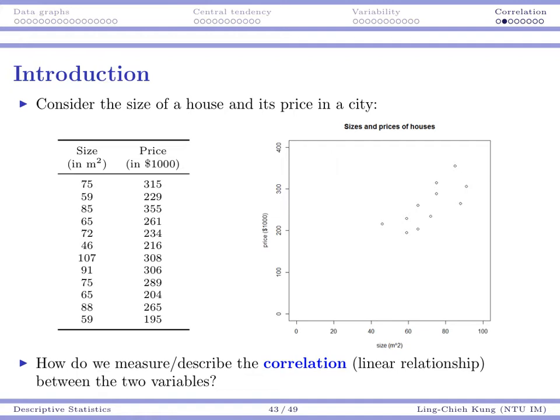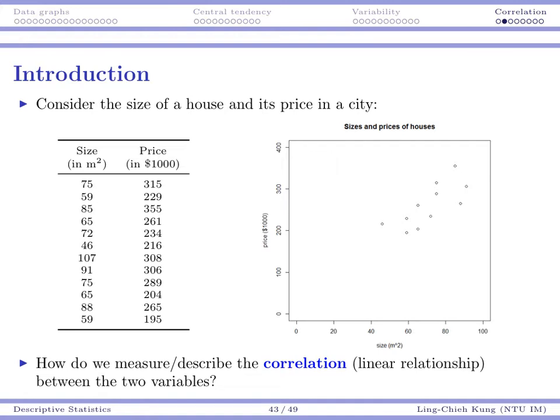Intuitively, we get a first impression. It seems that when the house size goes up, the price will also go up. Somewhat intuitive, and it makes sense. Of course, we know size is not the only factor that affects the price of a house.